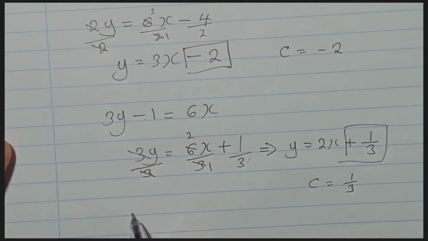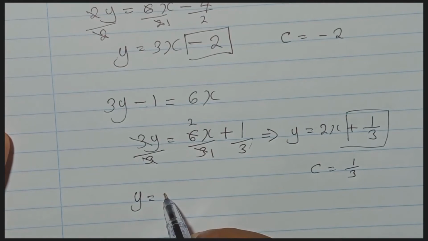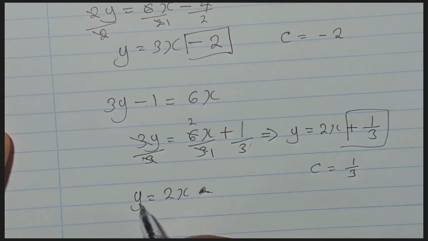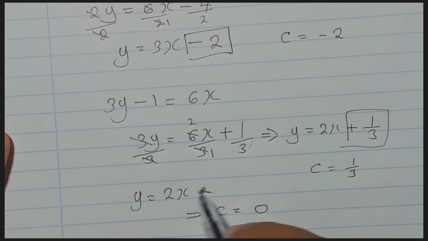Now for example, if you have this type of equation, think y equals 2x. They don't tell anything here. Think just y equals 2x. Then keep in mind c is 0. At this time c will be 0. That's why they don't write any y-intercept here.